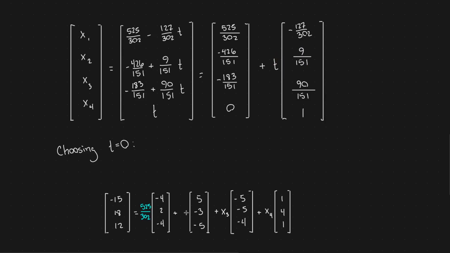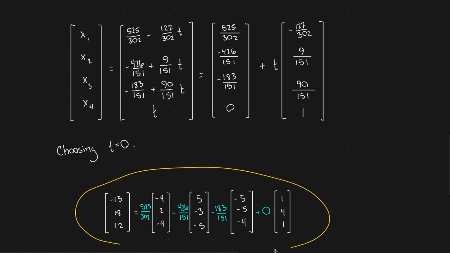So x2, with my particular choice of t, is negative 426 over 151. x3 is going to be negative 183 over 151 when t is 0. So negative 183 over 151. And x4, well, x4 is just 0 when t is 0.